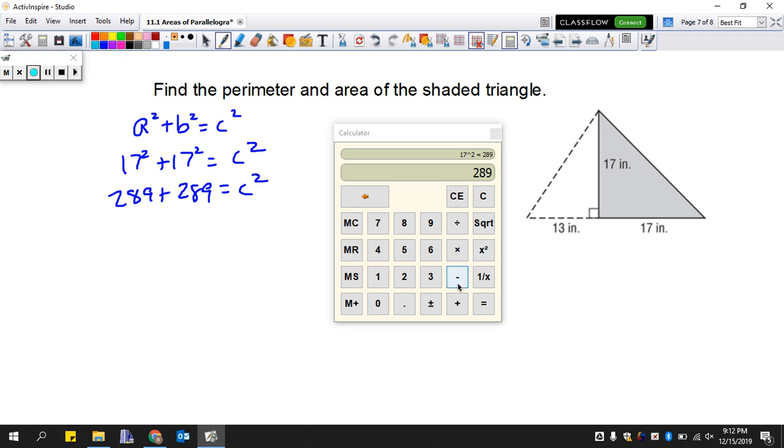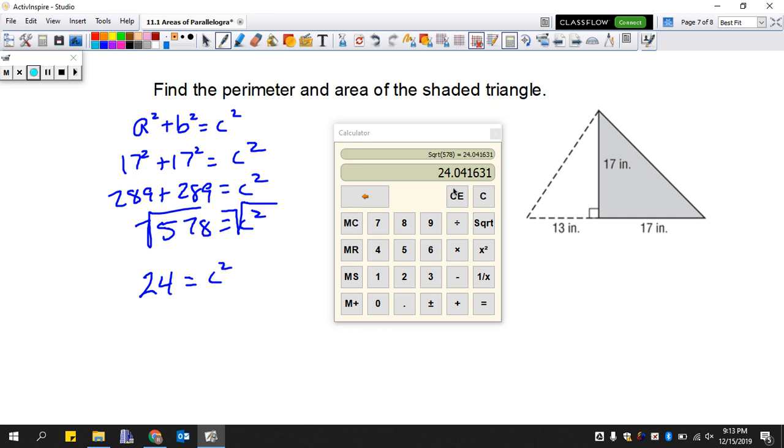And 289 plus 289 is 578. If you take the square root of that, you end up with 24.04, or we'll just say 24.